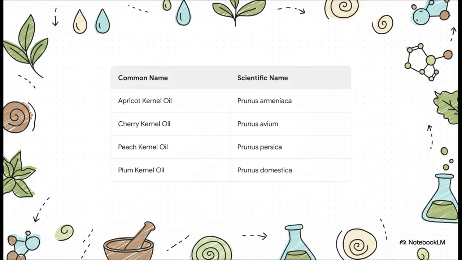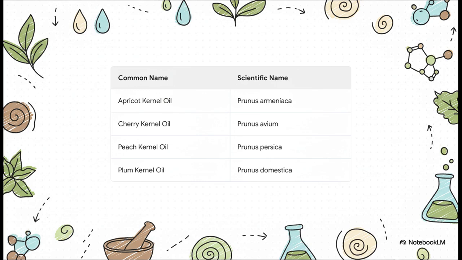Look at these 4 really common oils: apricot kernel oil, cherry kernel oil, peach kernel oil, and plum kernel oil. They all seem pretty different, right? But their scientific names tell a secret. Look, they all start with Prunus. That's because they're all part of the same botanical family. They're all stone fruits. And what that tells a formulator is that they might share some core properties, which means they could be amazing substitutes for each other or even complementary partners in a blend.